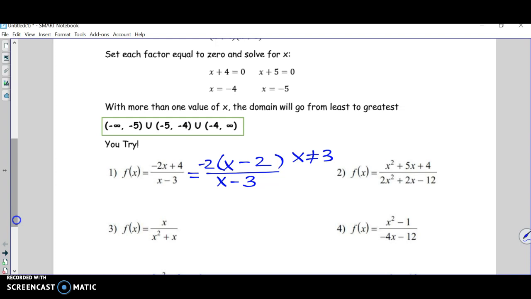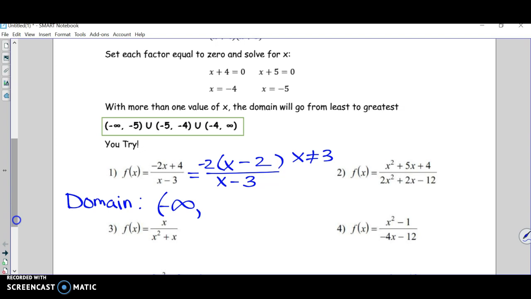Now, domain will always be what? Is it your x or your y-axis? Your x-axis, right? So the farthest side of your domain, what does the left side of my number line go to forever? Negative or positive infinity? Negative. So the farthest left side of my graph will start from negative infinity, okay? You will always start with negative infinity with domain. You will go from negative infinity, but it has to stop where it can exist, right?